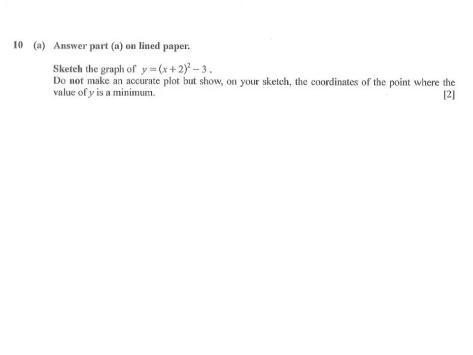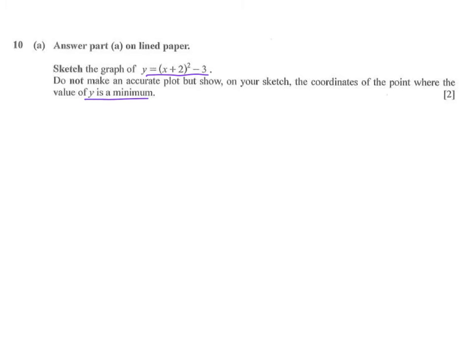Question 10, part A. Now make a sketch of the following graph. Do not make an accurate plot. But we need to show on our sketch the coordinates of the point where the y is a minimum. That means we're looking for the minimum point. Now to do this, you notice that this is of the completed square form.